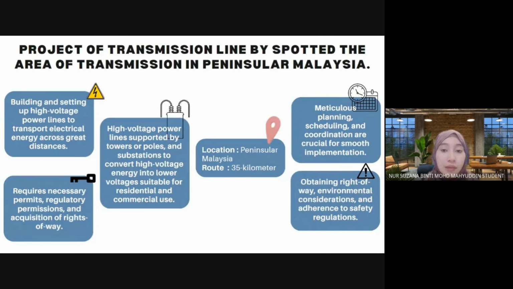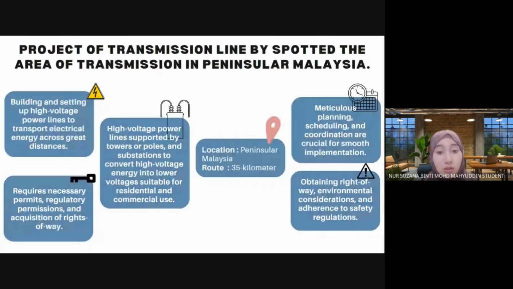So the project detail, which is located in Peninsula Malaysia, and this route is a 25 kilometer stretch from Wang Kelian Kaki Bukit Perlis to Kangar Perlis. So this implementation and consideration planning is meticulous planning, scheduling, and coordination, which are crucial for smooth implementation.